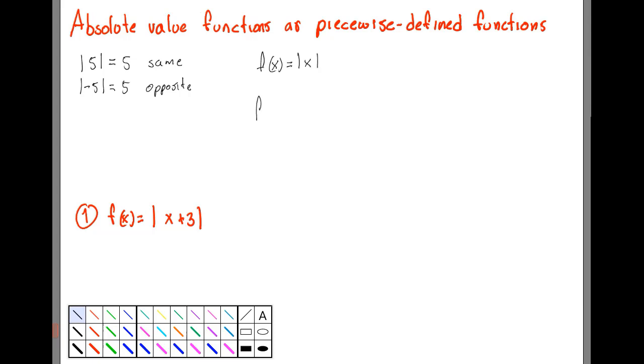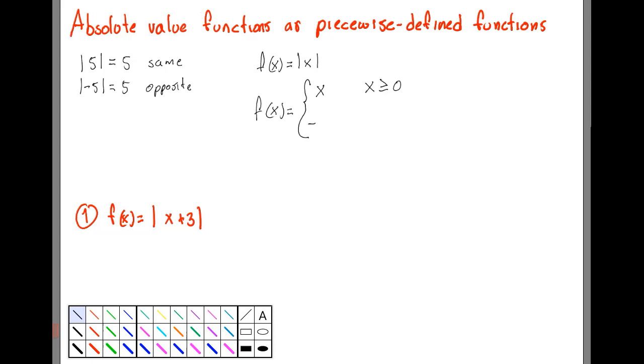That means, and we can also use the piecewise notation, that the absolute value of x is x when the part inside the absolute value bars is positive. So when x is greater or equal to 0. Well, you can include the 0 in the positive or in the negative, anyway it will be 0.